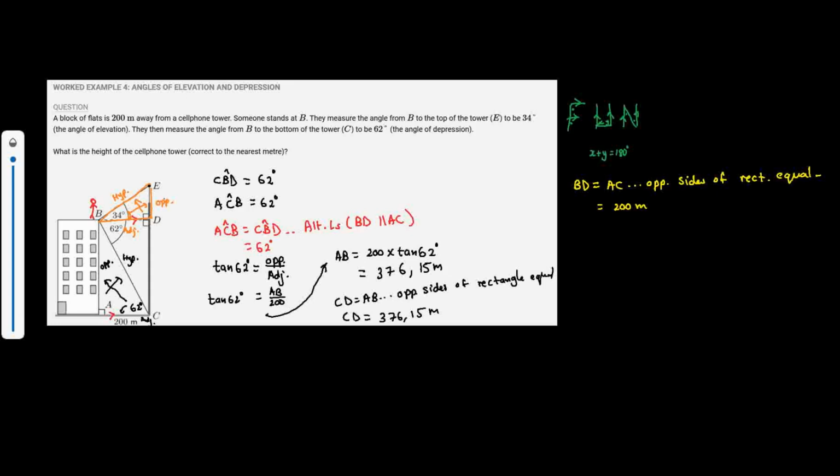Now again, we are looking at triangle BDE. We need to find DE, the small length here, so that we can add it to CD and find the total length of CE. Which trig ratio involves the opposite and the adjacent side, which is 200 meters because AC is 200 meters?